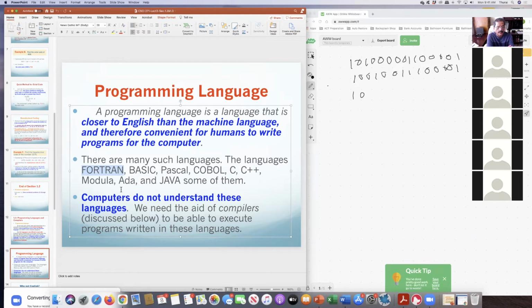It worked well, and later other languages came along. Basic claimed to be better than Fortran because it's useful for business purposes. Then Pascal, COBOL, C.